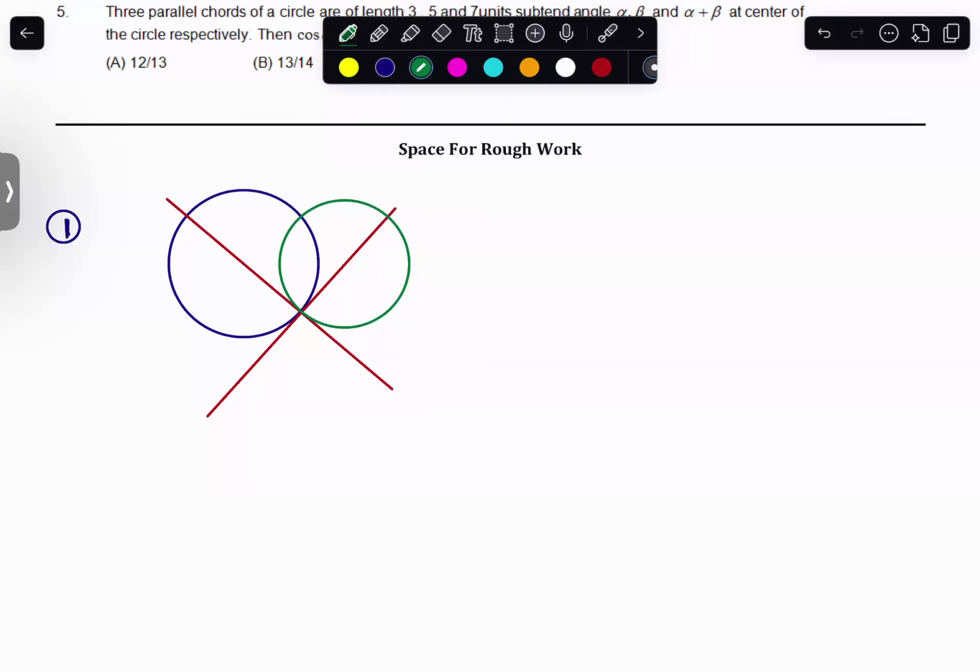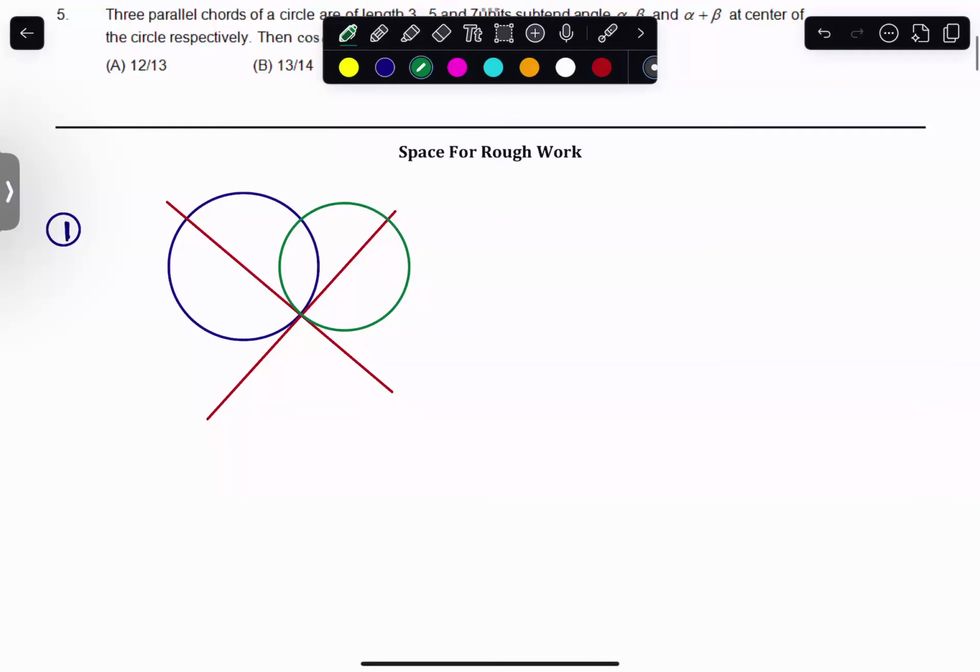Is it okay, the diagram? Let the first circle having its center at some C1, they intersect at the point P. The second circle having its center at some point C2. Okay. Is the diagram clear to all?